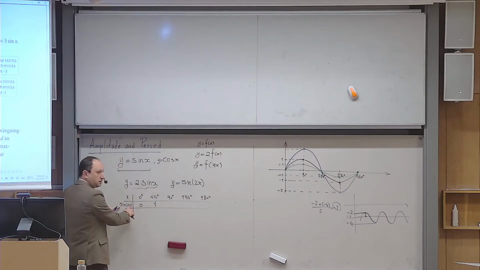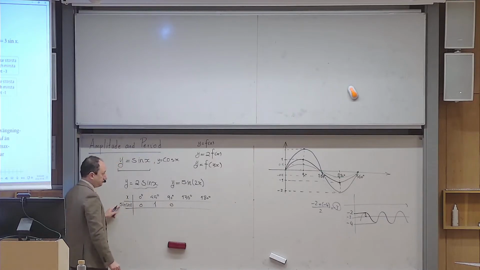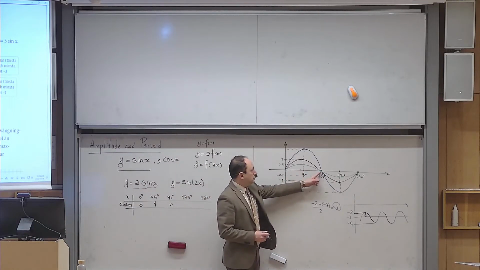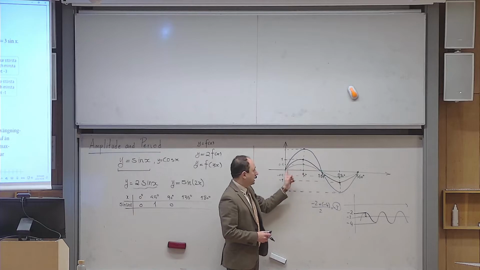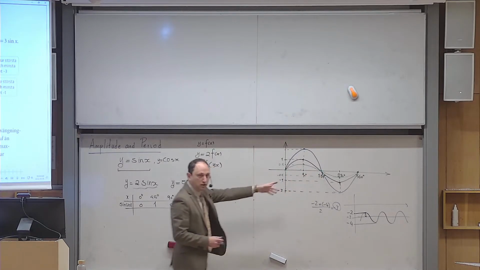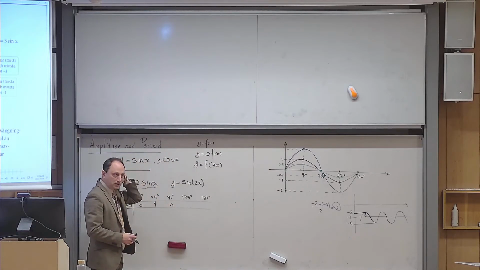I put 90 here. 2 times 90 is 180, but sine of 180 is 0. So you see, if I wanted to reach 0, I have to wait until I reach 180. But now I reach that 0 faster. I reach that 0 when I am at 90.